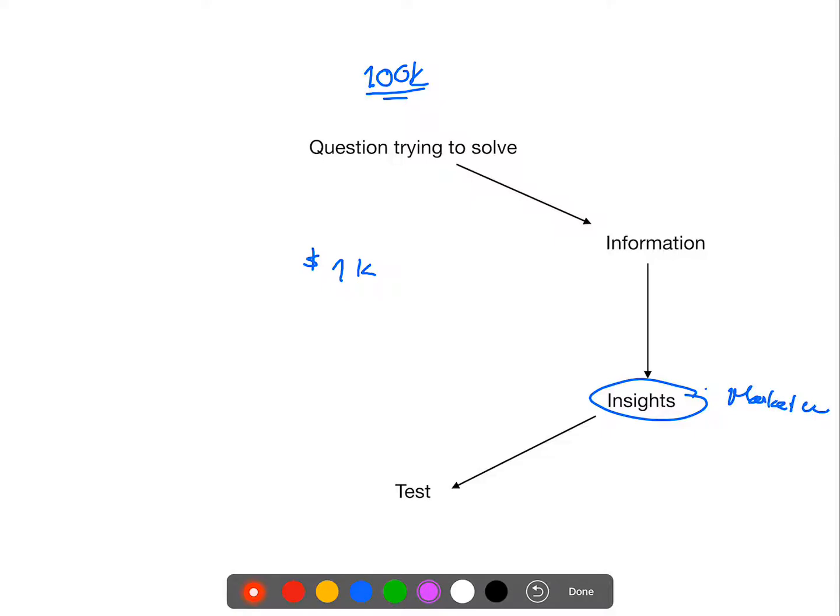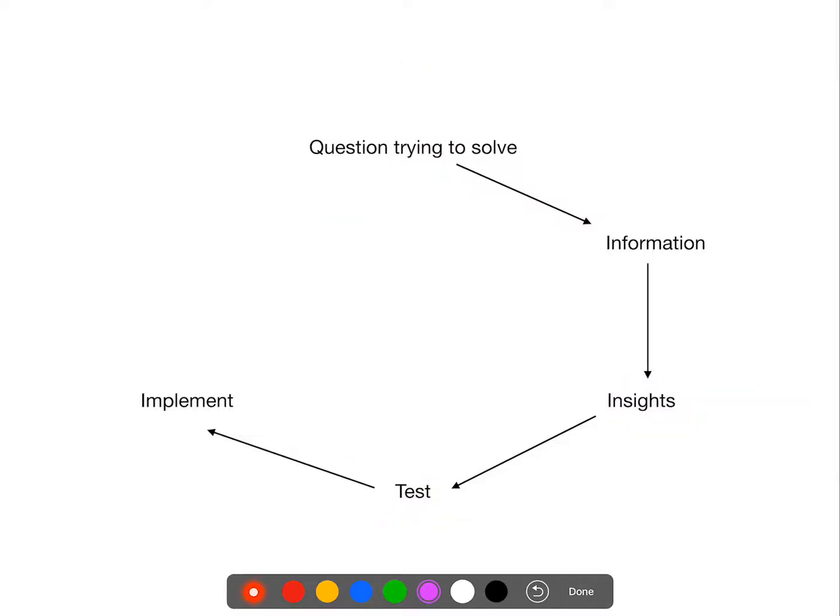One of the suggestions is to say, you know what, instead of spending all the 1K, let's spend, I don't know, $200 in that marketing and see how it goes. So this is testing this insight to make sure our proof of concept is correct. Once we did the initial test, then we can implement the rest of the money.